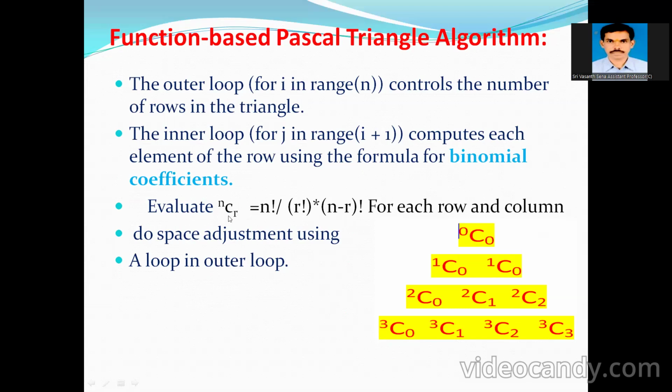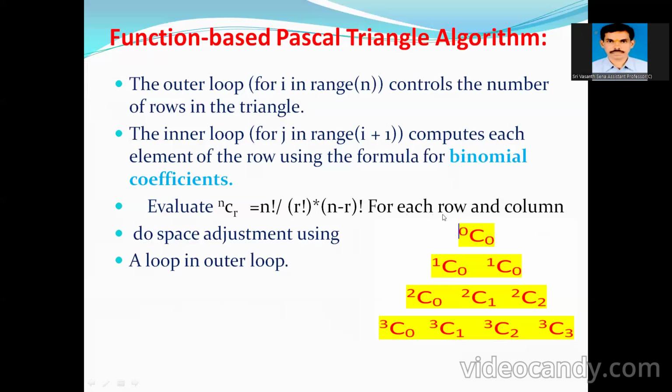To calculate these binomial coefficients, I am using the nCr formula: nCr is equal to n factorial divided by r factorial into n minus r factorial. This is a simple mathematical formula, and mathematics is the backbone for computer science. We can write the equivalent program as fact of n divided by fact of r into fact of n minus r, and you need to apply BODMAS according to your requirement.